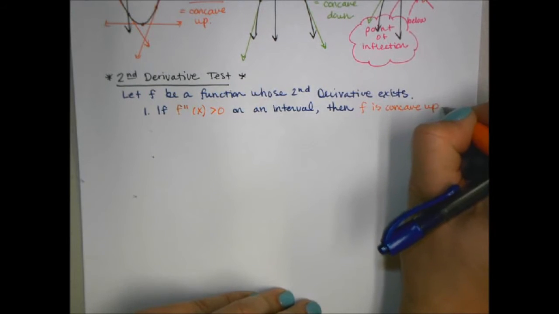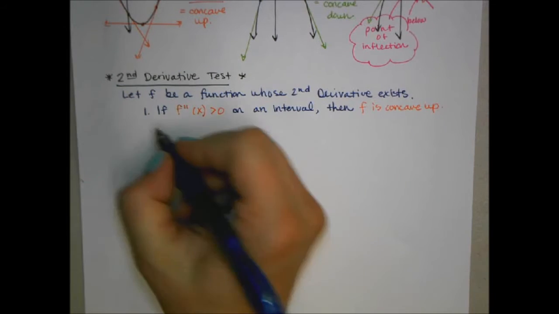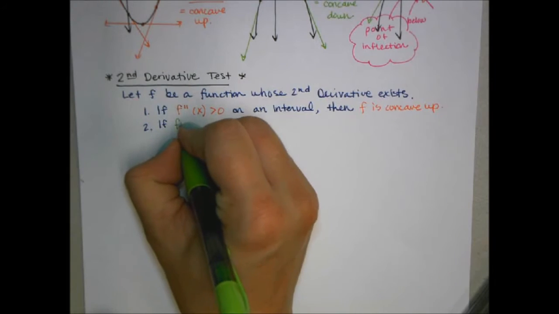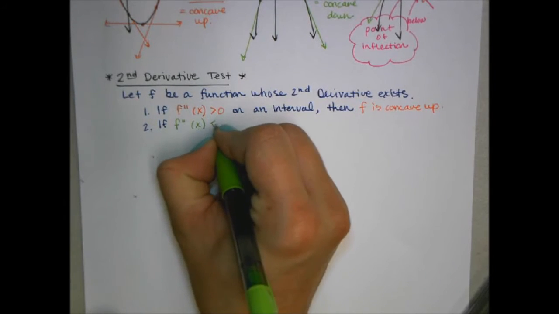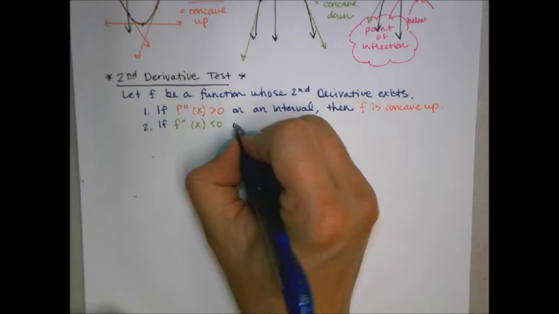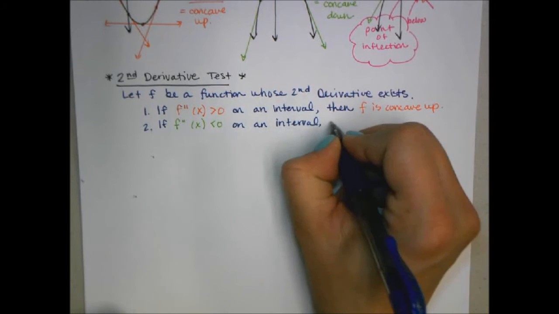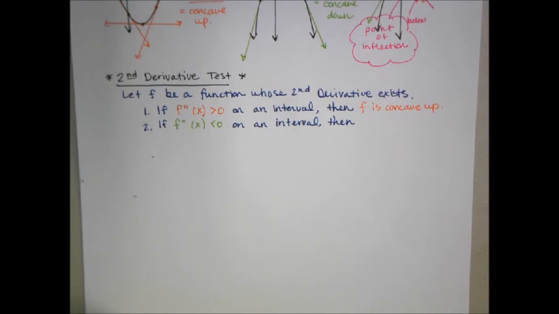Second, if our second derivative is negative on an interval, then the function is concave down.